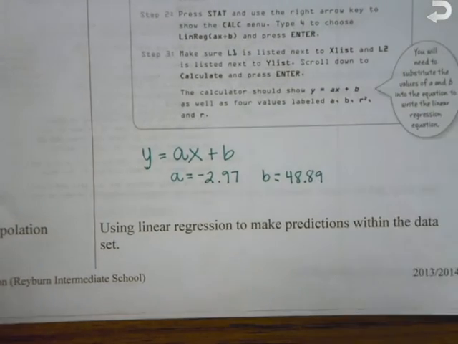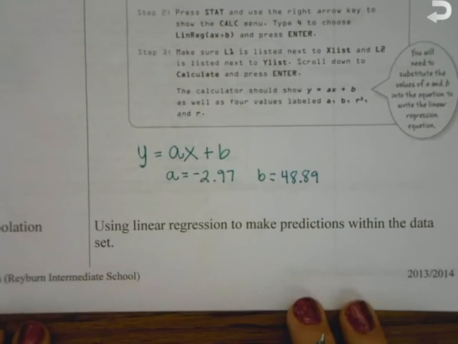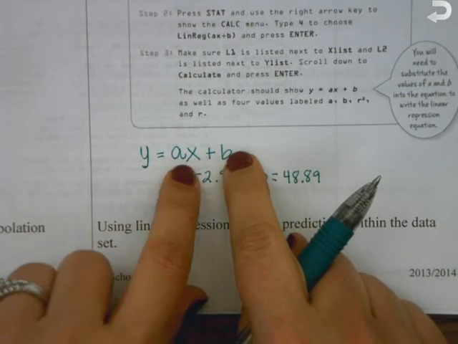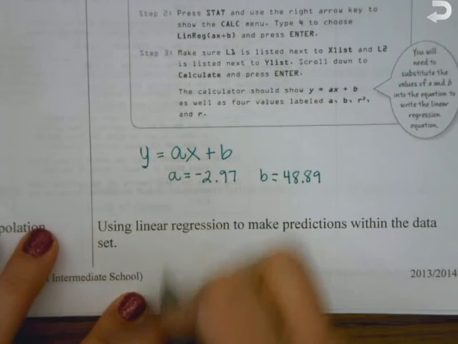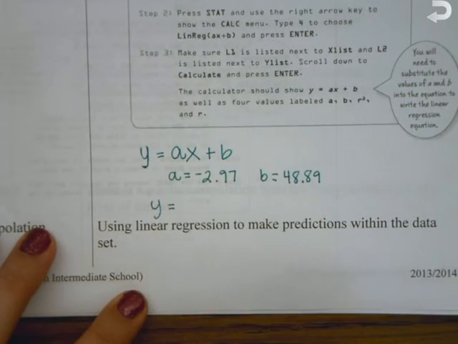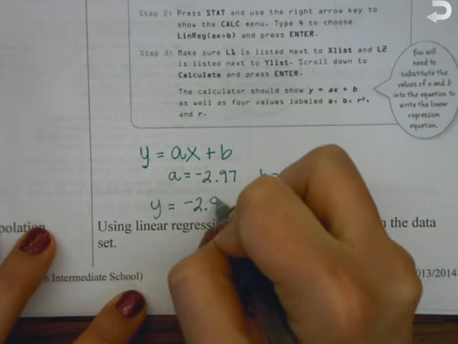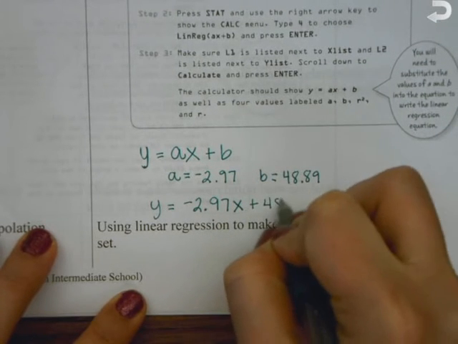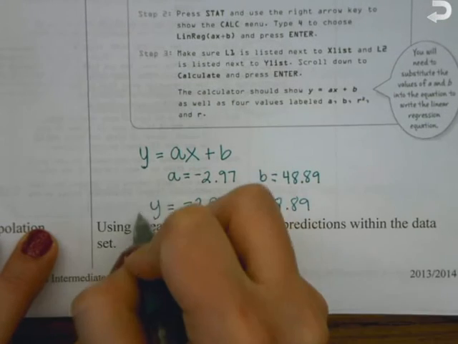Okay. So to find our equation, you are going to plug in the a and the b into the y equals ax plus b. So our linear regression equation is y equals negative 2.97x plus 48.89. Box that.